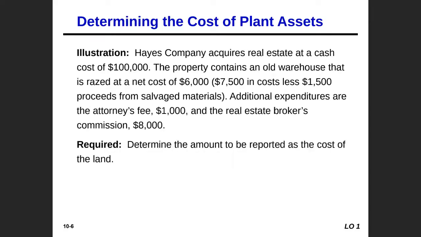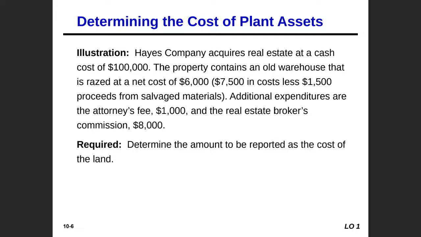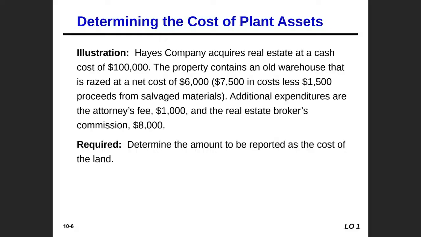If you see here, what is the cost? The company acquires real estate, a property, at a cash price of 100,000. Now this is the price you paid. And on that property there was an old warehouse as well.